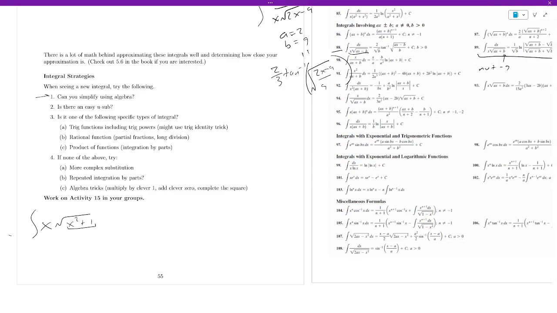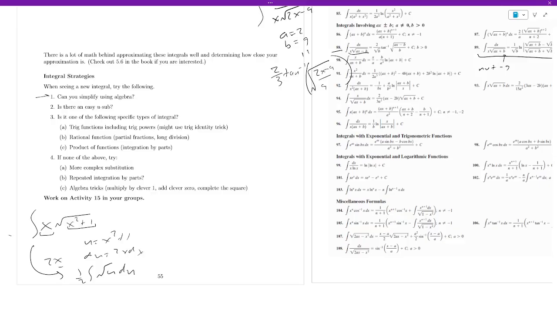I notice that this guy's derivative would be 2x. I see an x sitting here. I'm happy because I see that x match. So you know this is going to work. If I do u equals x squared plus 1, du is 2x dx, you're going to get 1/2 root u du. So I'll let you double check that, but it'll work.